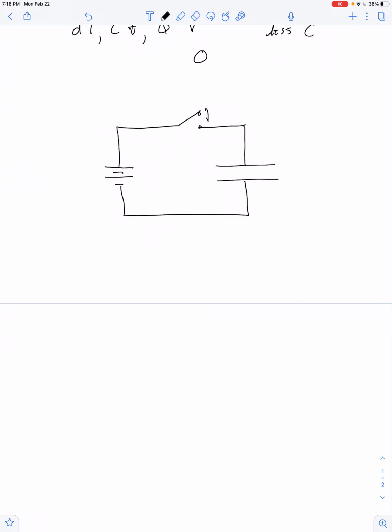So we're going to close the switch, allow charge to build up, and then we're going to open the switch back up. Well, if that's the case, by reopening the switch, once charge has already been built up, now there's no pathway for that charge to travel and redistribute or recombine, right? The value of Q is now going to be fixed or held constant.